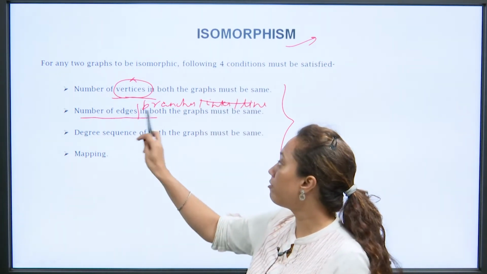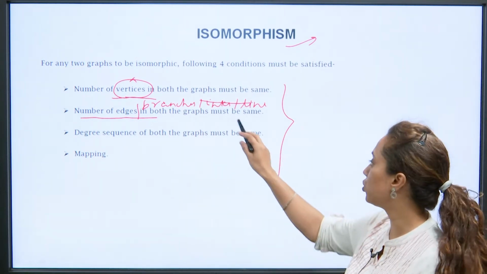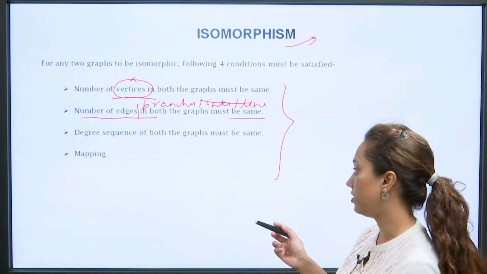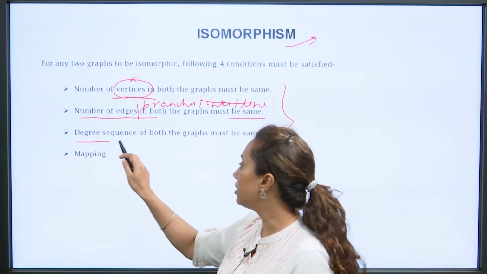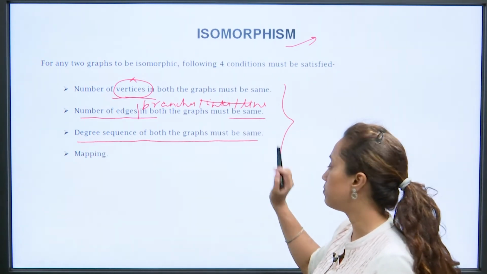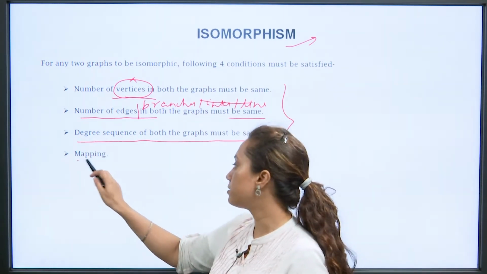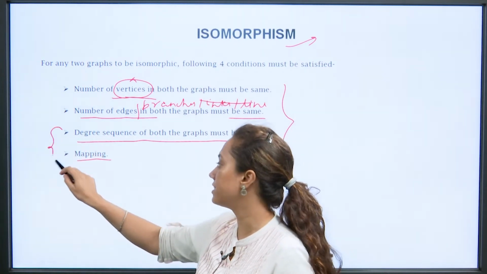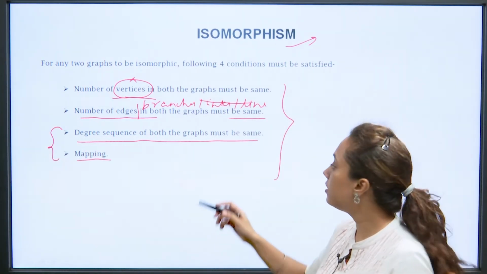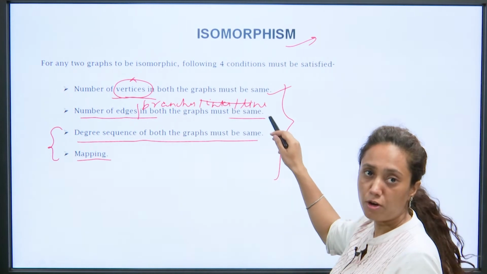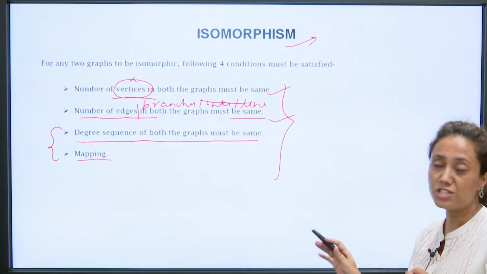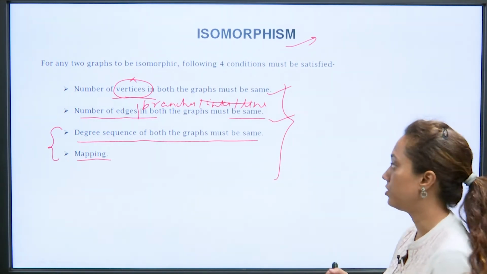So, the number of edges in both graphs should be the same, right. This is the second condition. The third condition is that the degree sequence of both graphs must be the same, and the fourth condition is mapping. These two we will see with an example, and it will become clearer. The number of vertices and the number of branches must be the same; these are the first 2 prior conditions, right.